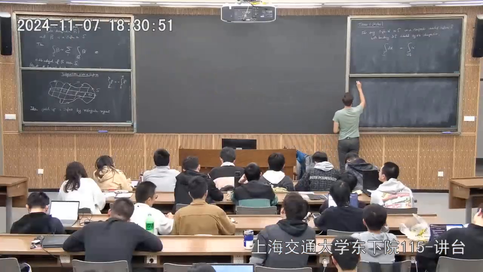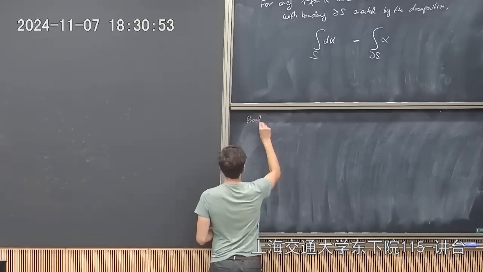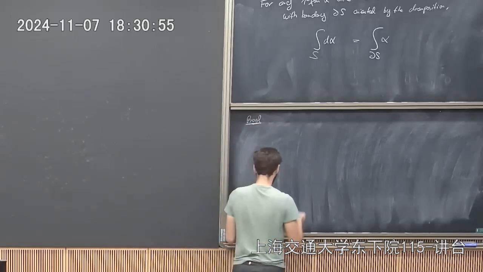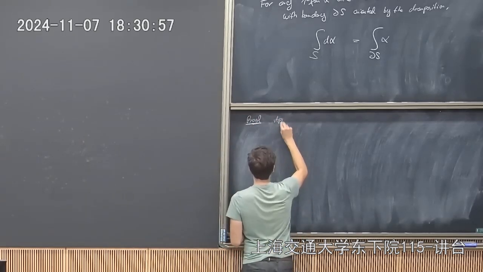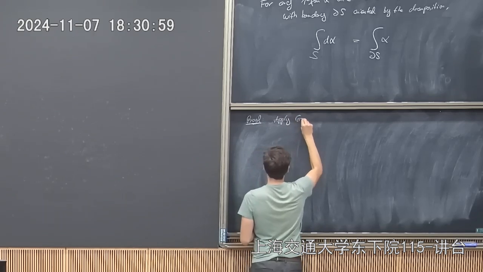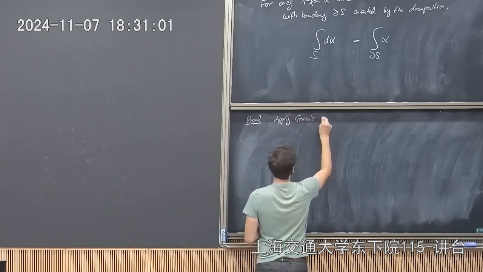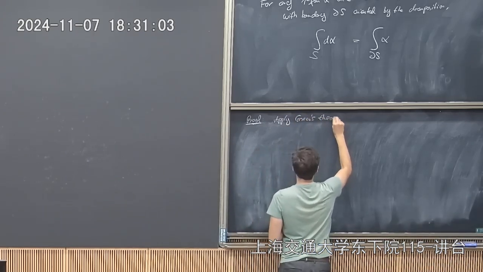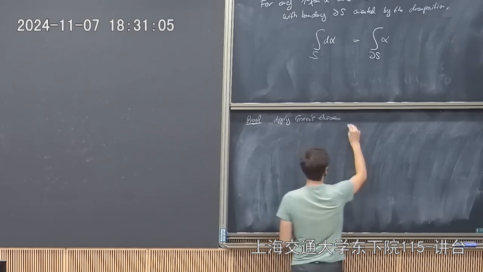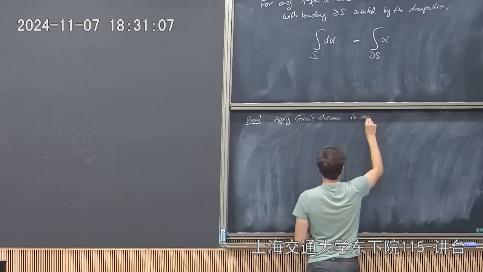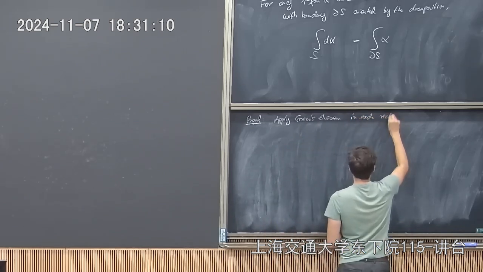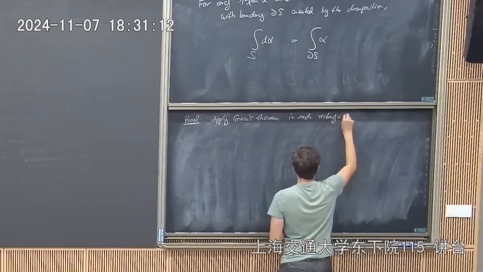So the proof is: apply Green's theorem on each rectangle.